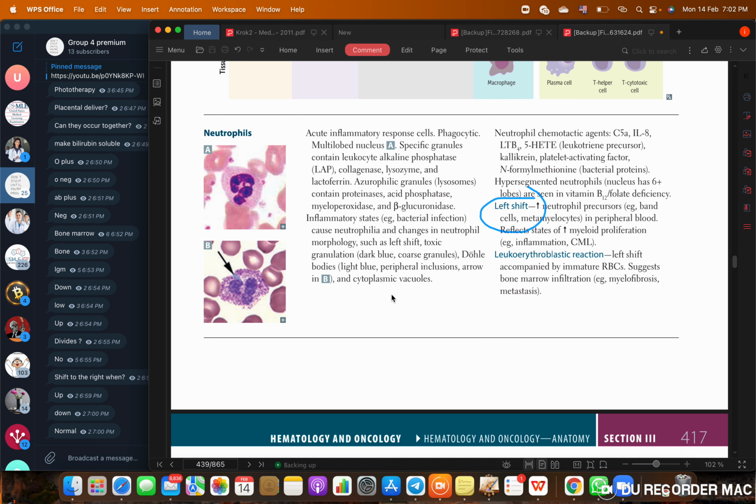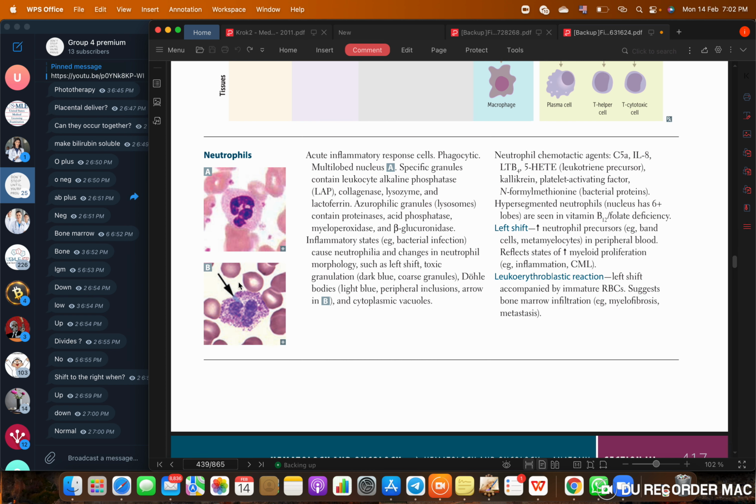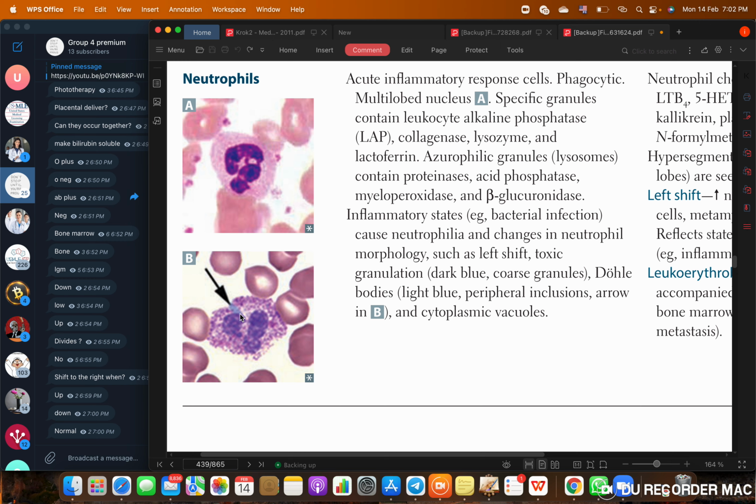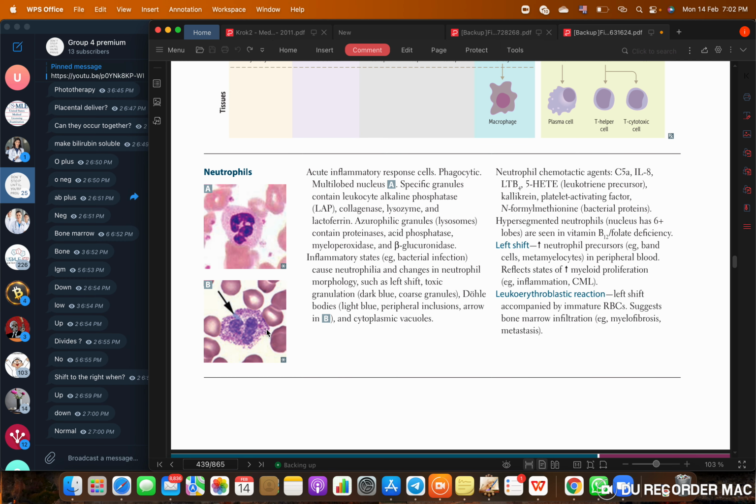Also, toxic granulation can occur, like dark blue and coarse granules, which tells you basically that this patient does have an inflammation. And we have something called the Döhle body, which is a light blue peripheral inclusion. So when you see so much granulation inside the neutrophils, start thinking that this patient has an acute inflammation, okay? And cytoplasmic vacuoles, because they are eating bacteria.